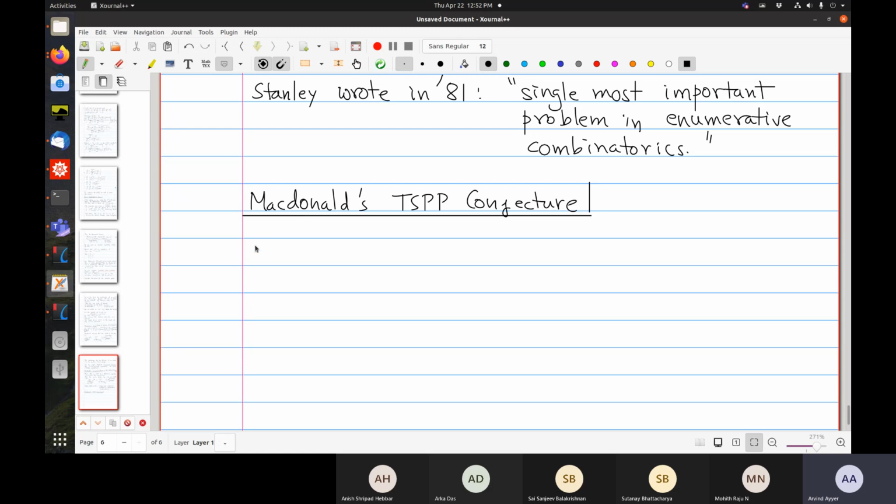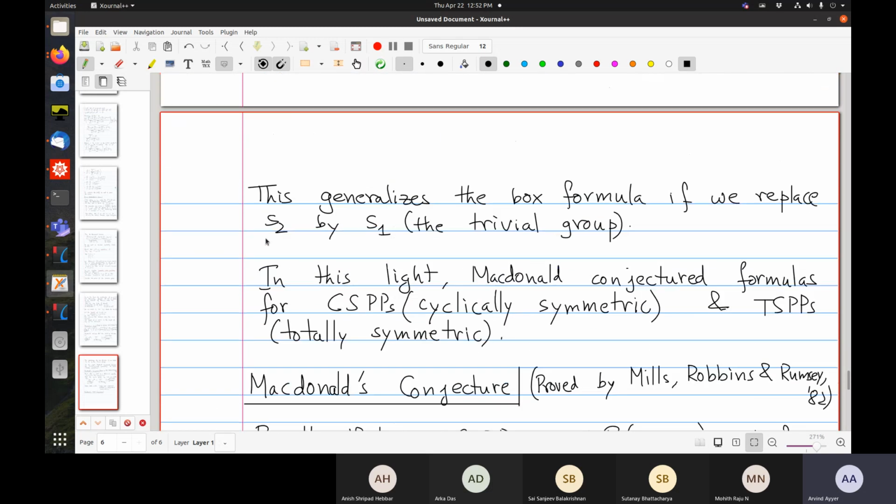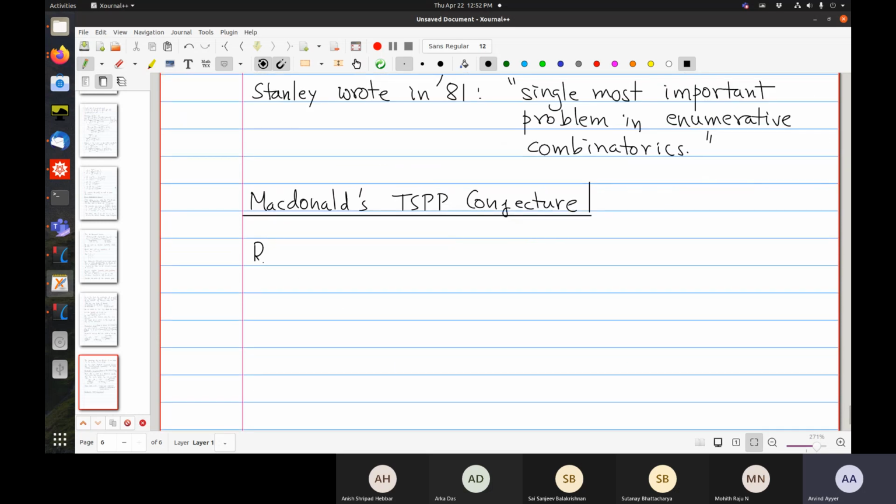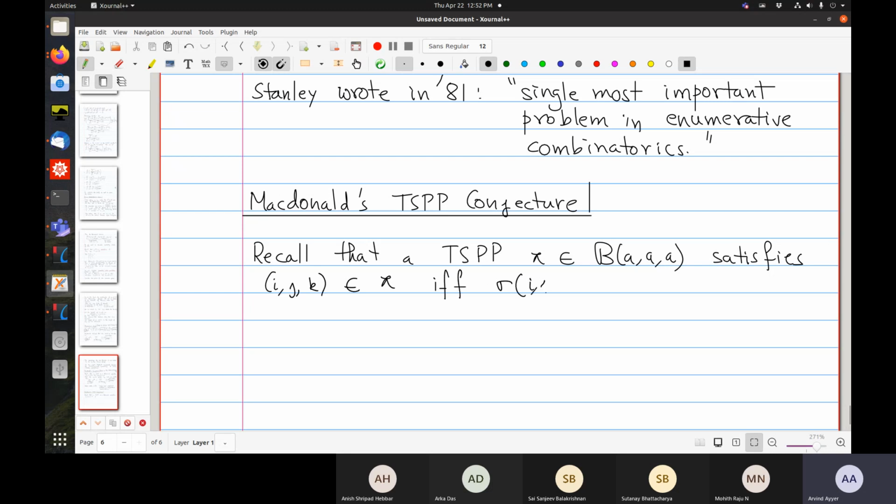So recall that a TSPP pi in B(A,A,A) again satisfies (i,j,k) in pi if and only if sigma of (i,j,k) in pi for all sigma in S3, the symmetric group.